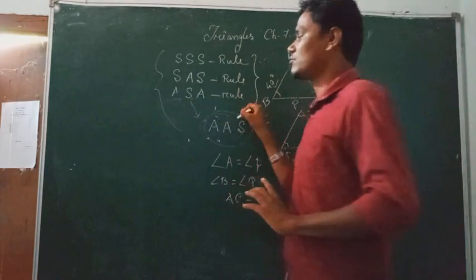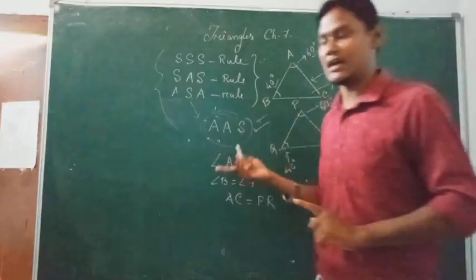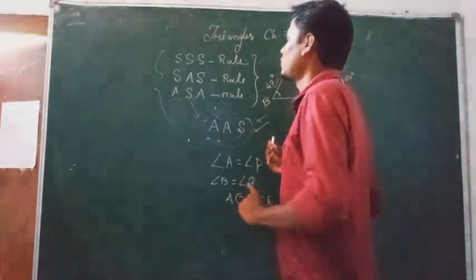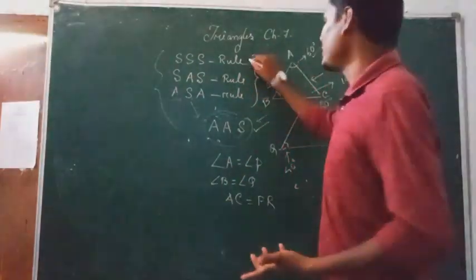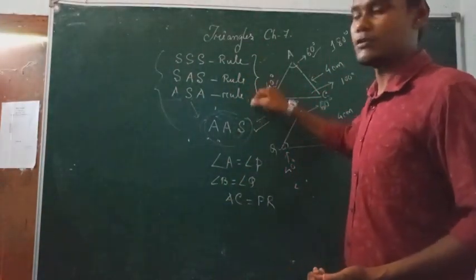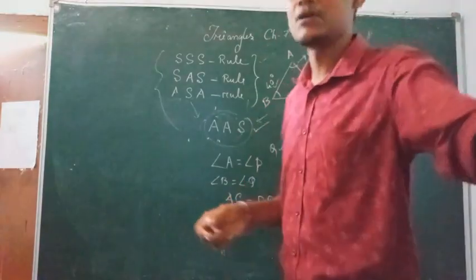Apart from these, there is one more rule that I am going to discuss later on. Now, with the help of these rules, we are going to solve a few questions from our book.